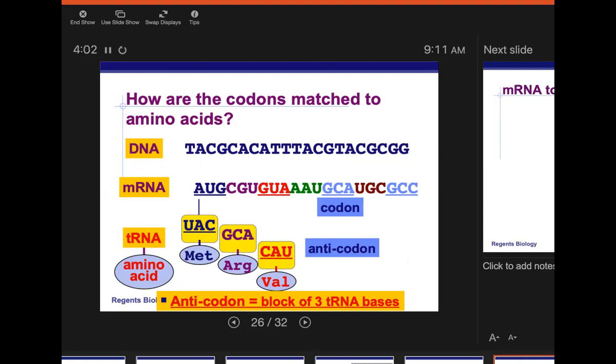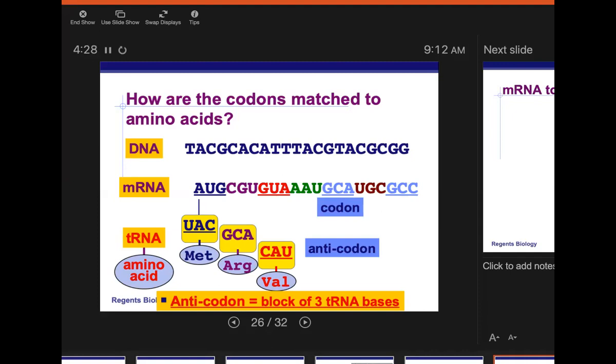The way it does this is with an anticodon. So you use base pairing rules yet again to figure out which anticodon in the tRNA would bond to the mRNA. Now, this part gets a little confusing, but for right now, you don't need to do this base pairing because you've got a codon wheel.